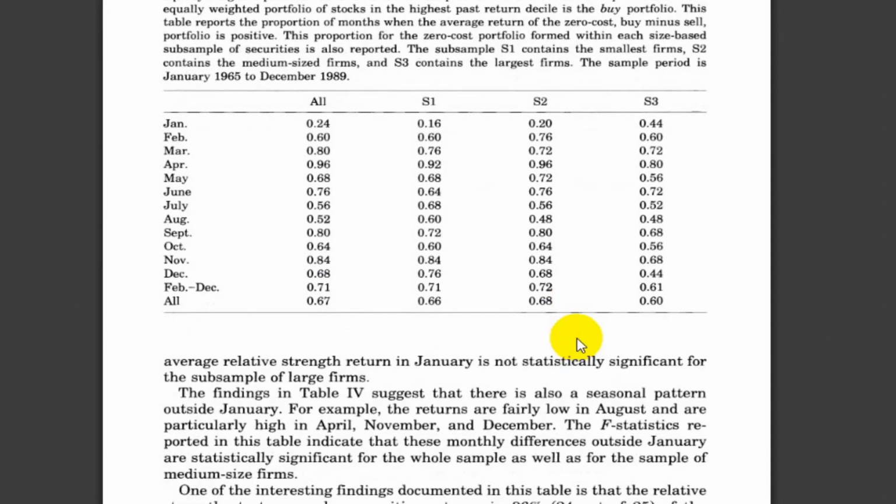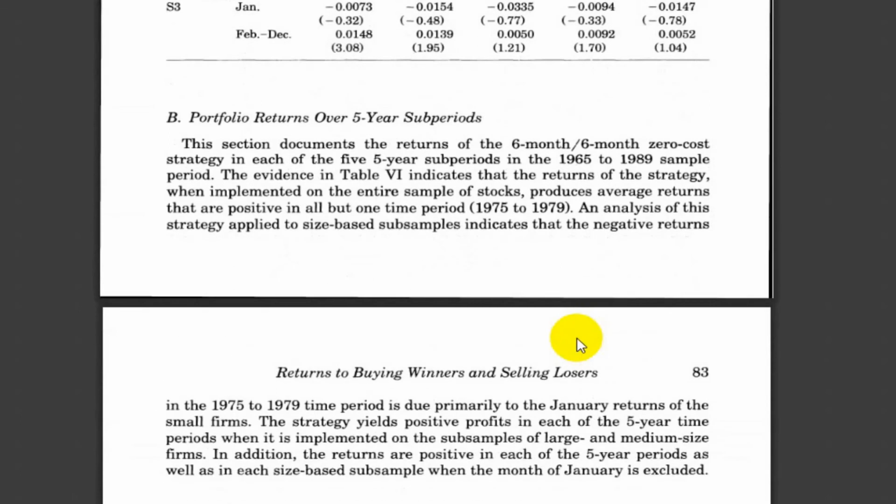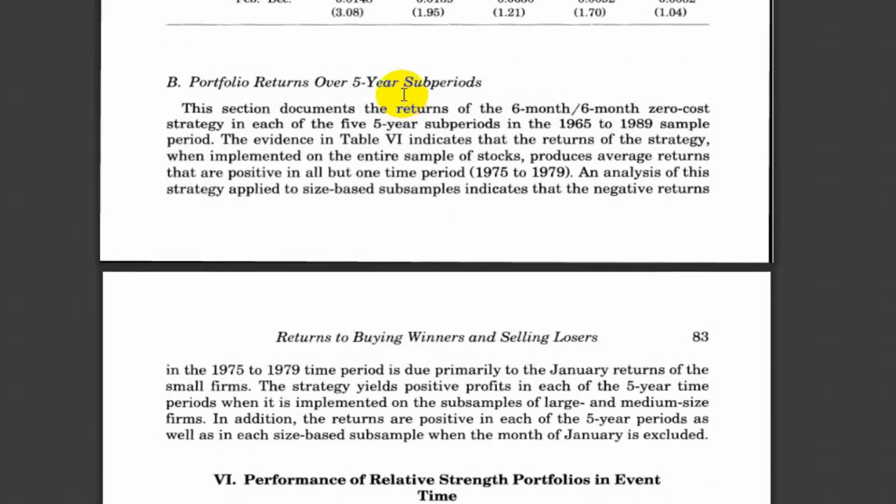So let's go down to section 5B. So this section splits up the 65 to 89 period into 5-year subperiods. And the results here are documented in table 6, so let's go there.